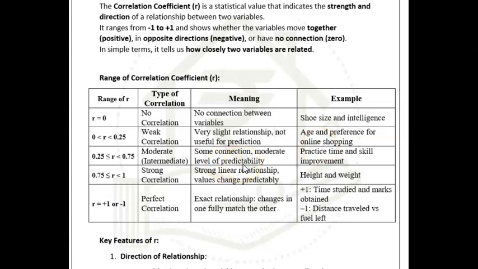So you can predict, for example, practice time and skill improvement. If you study more, your skill improves. This is a moderate correlation. It depends on the intelligence also. If you practice more time, there is a chance you will get more marks.